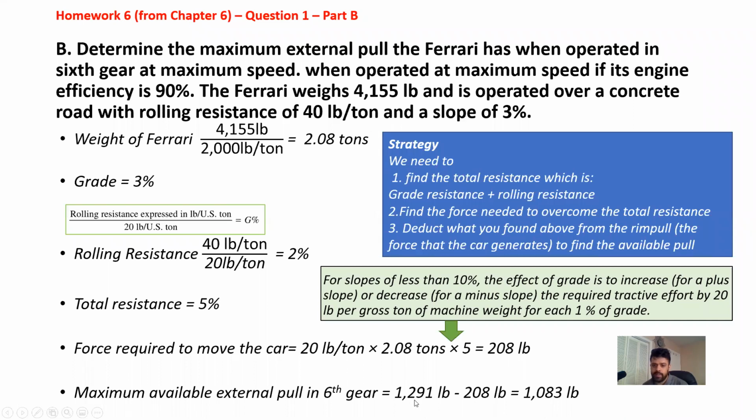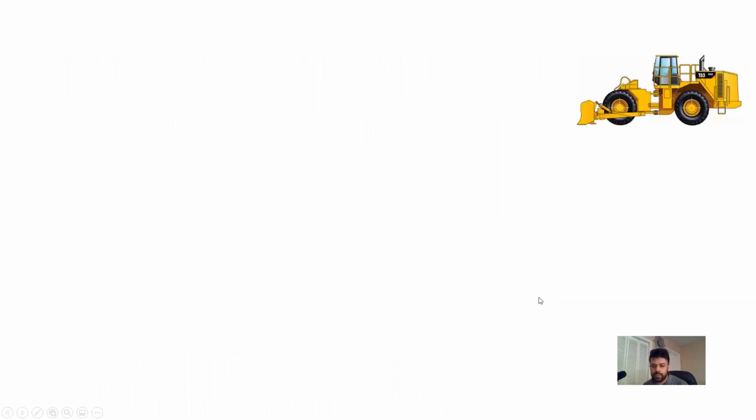So this is the power the machine is generating. This is the power that is required to overcome the resistance. The remainder is the usable power of the car. So this will be the usable power of the car. Any questions?